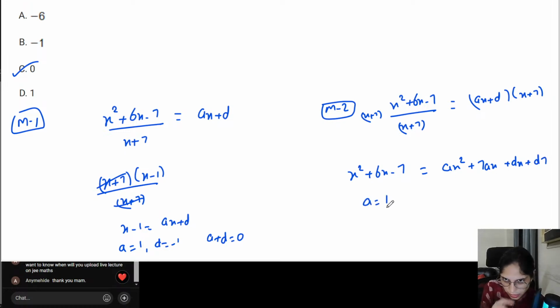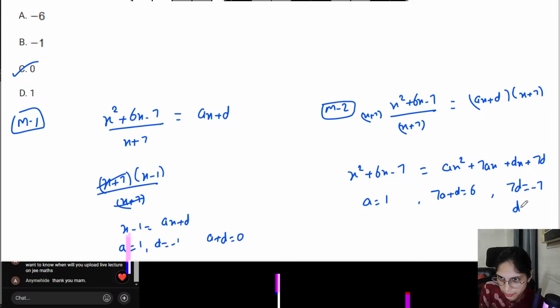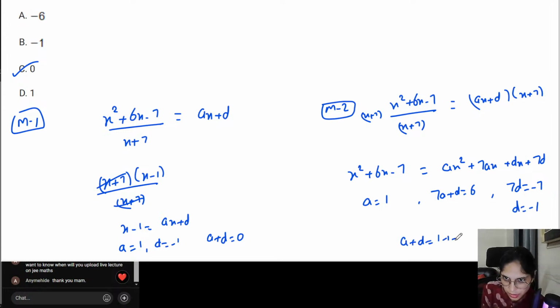So a is 1, 7a plus d is 6. We don't want that d7, instead of that I will write 7d. 7d is negative 7, so d is negative 1. A plus d is 1 minus 1, that is 0.